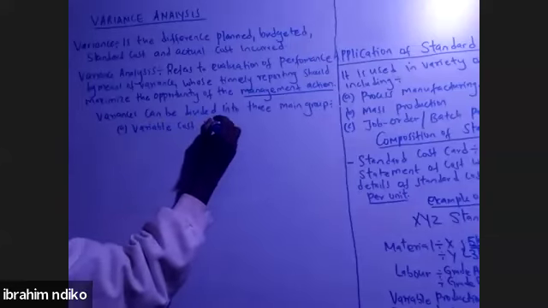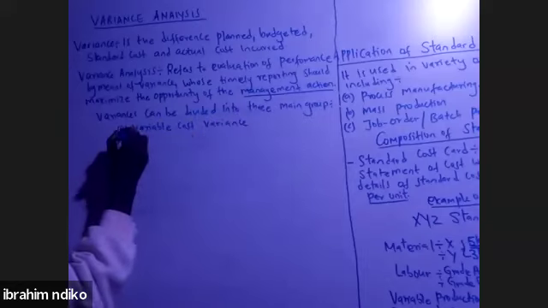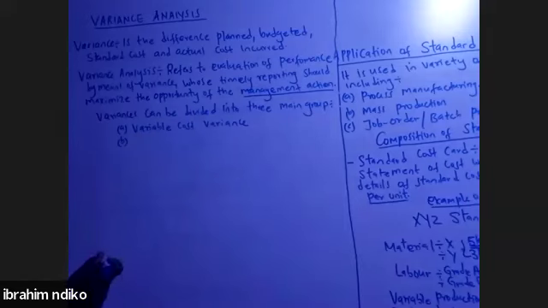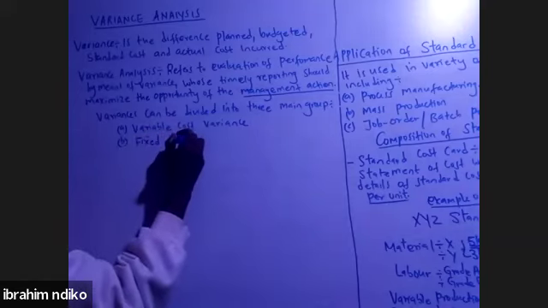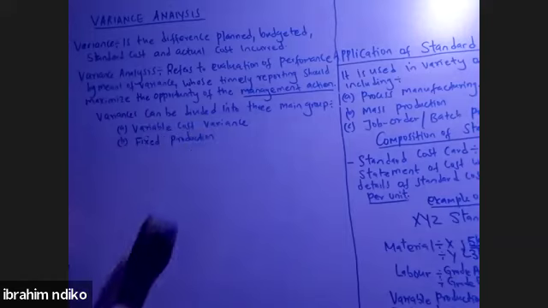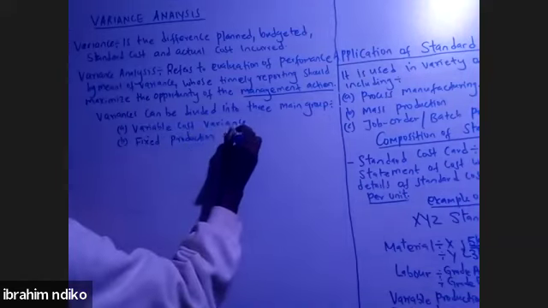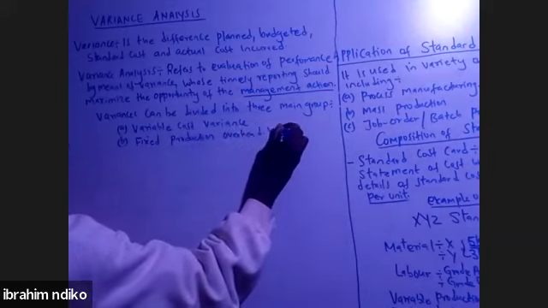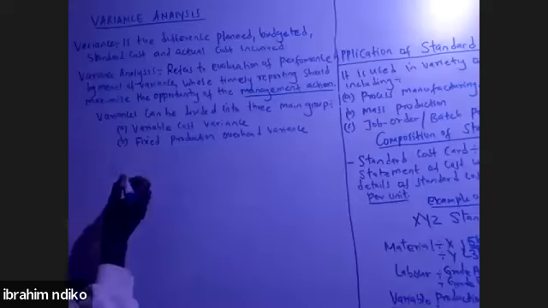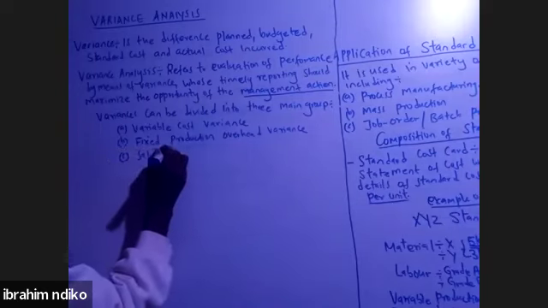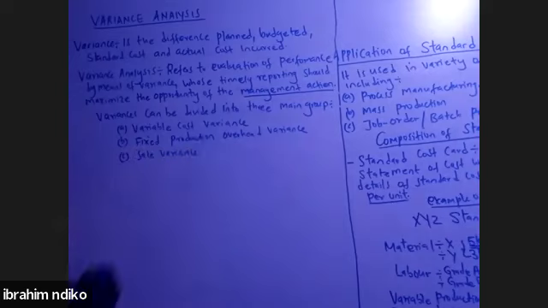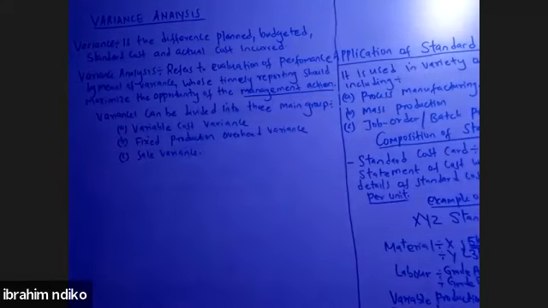Number 2, fixed production overhead variance. And number 3, sales variance.